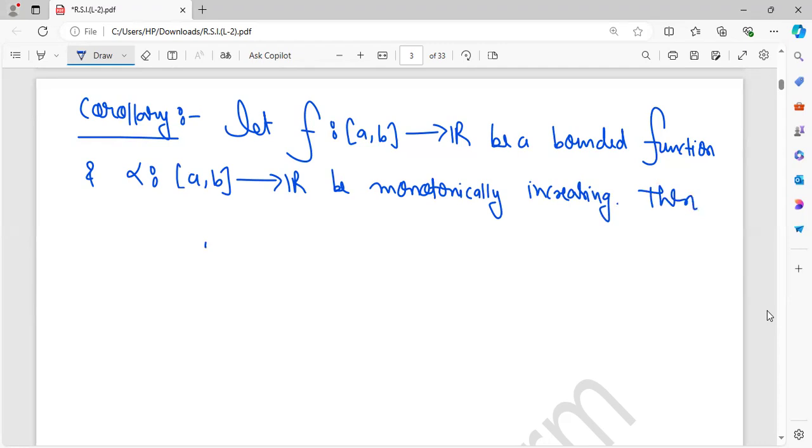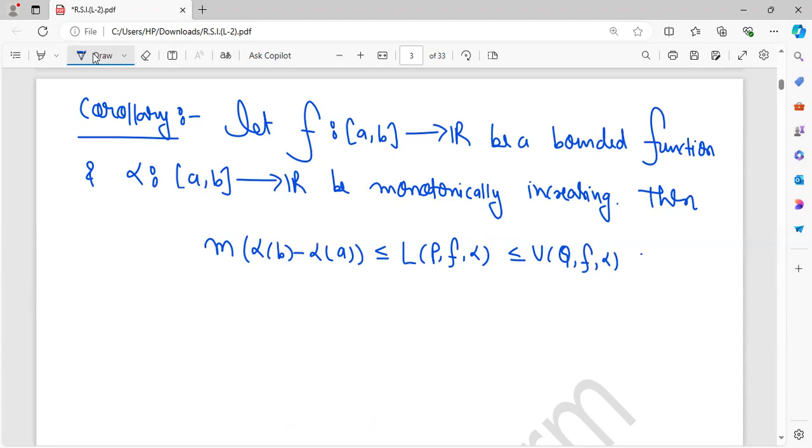Then m(α(b) − α(a)) is less than L(P, f, α), that is less than U(Q, f, α), less than M times (α(b) − α(a)).